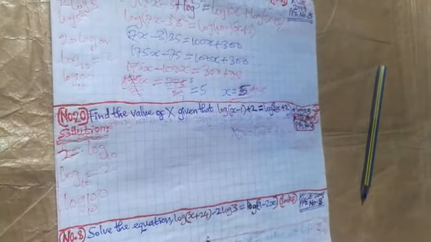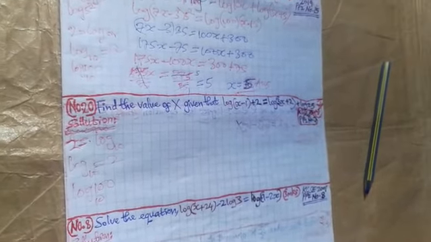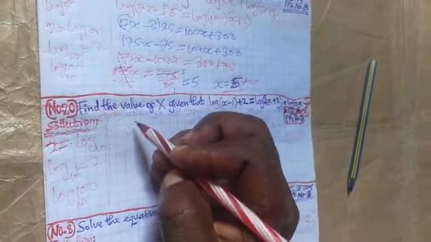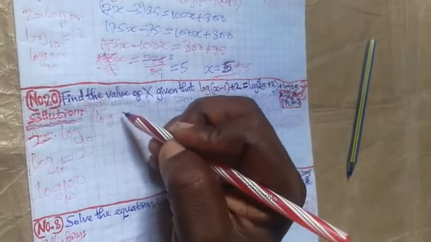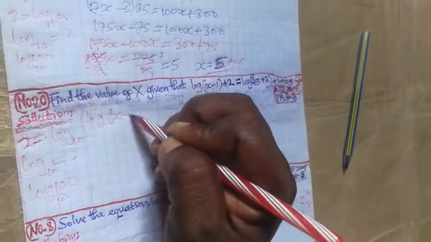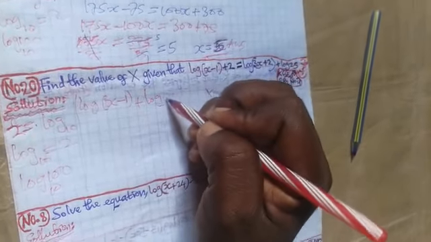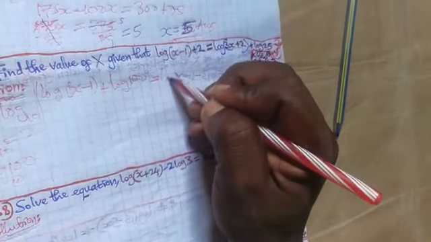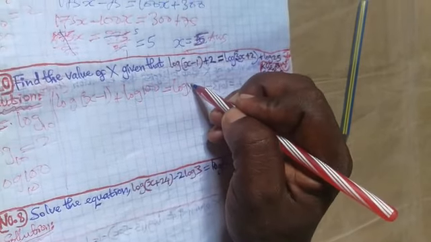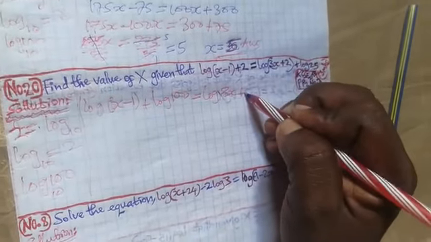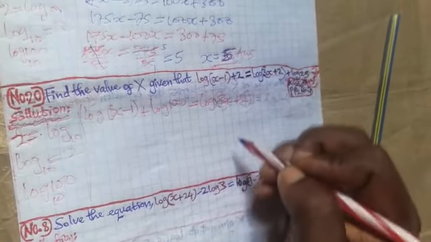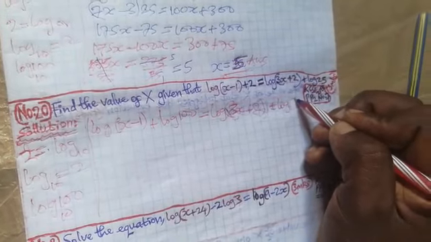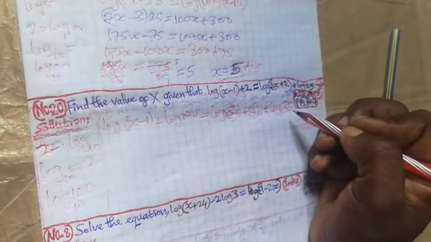Therefore, the equation will be log of x minus 1 plus log of 100 is equal to log of 3x plus 2 plus log of 25.